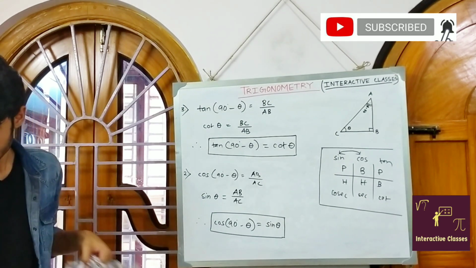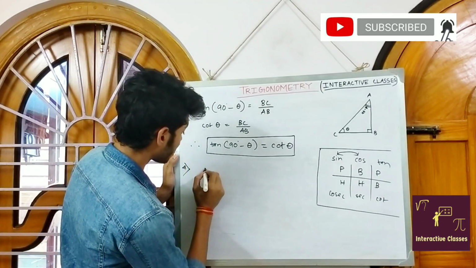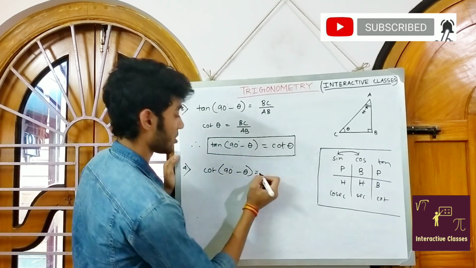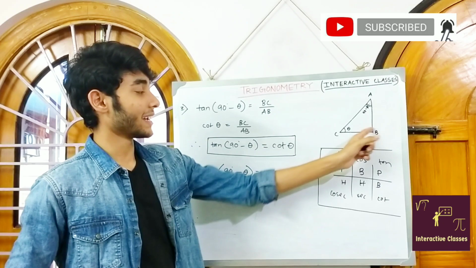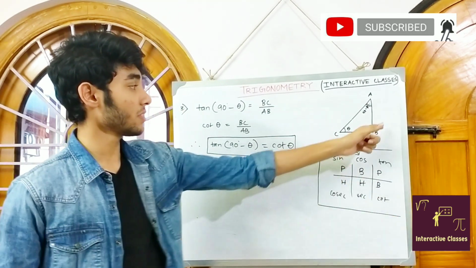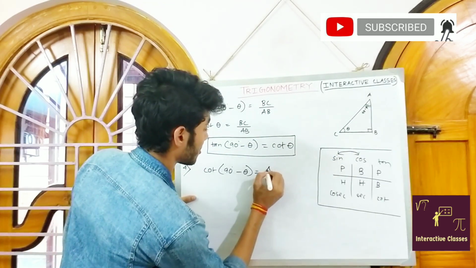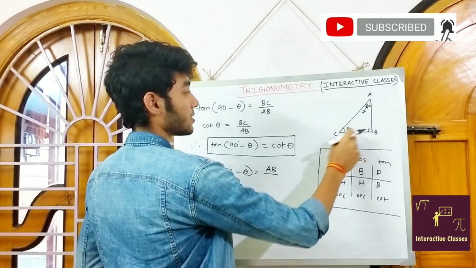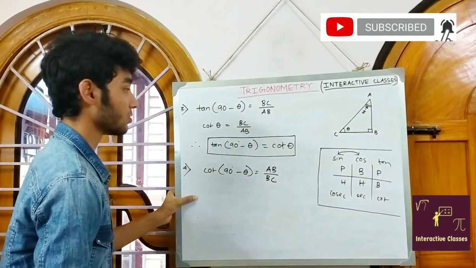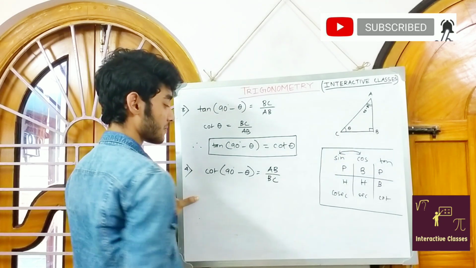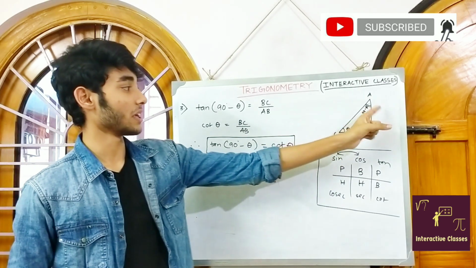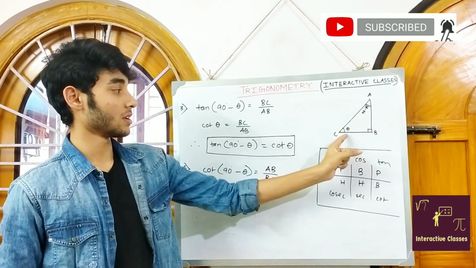Similarly, cot 90 minus theta. From this respect, cot means base by perpendicular. Here the base is AB and the perpendicular is BC. So AB by BC. Also from this angle C aspect, AB becomes the perpendicular and BC becomes the base.